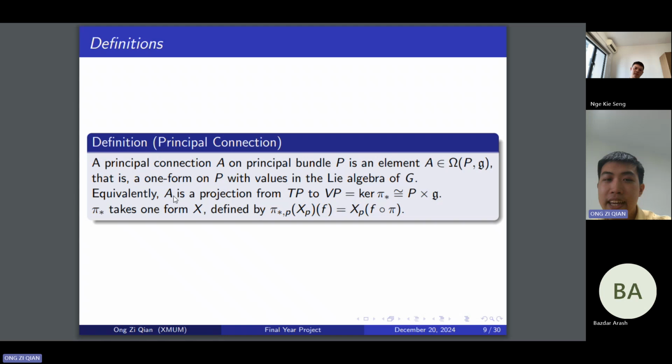Also, we can say the principal connection is a projection from the tangent space of P to the vertical space of P. The vertical space of P is given by the kernel of the map induced by pi, and this is isomorphic to P times g, where g is the Lie algebra.